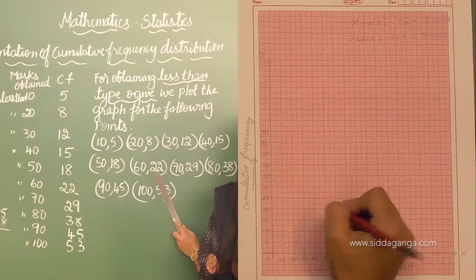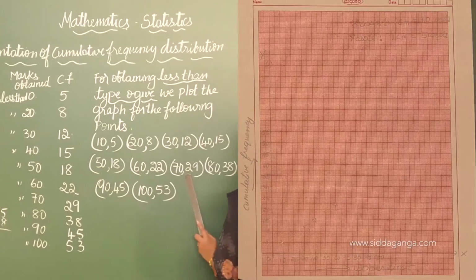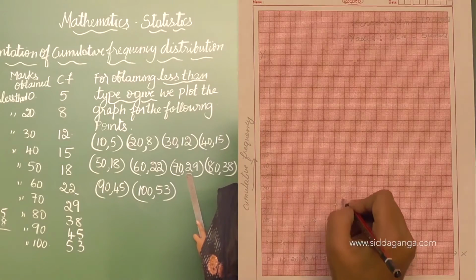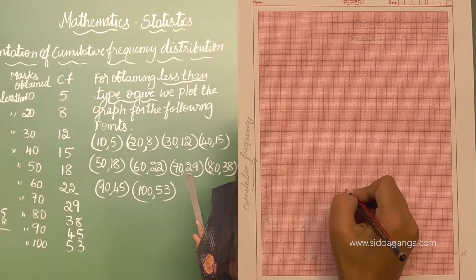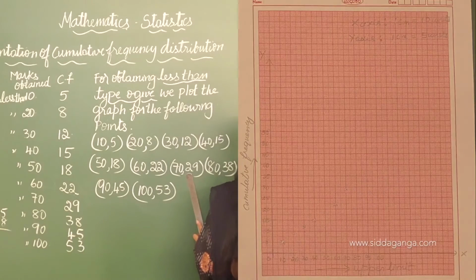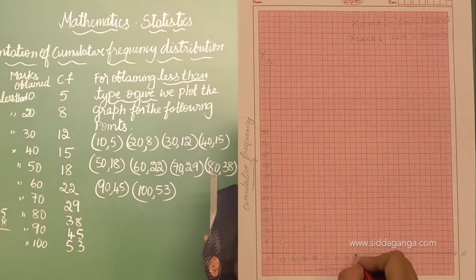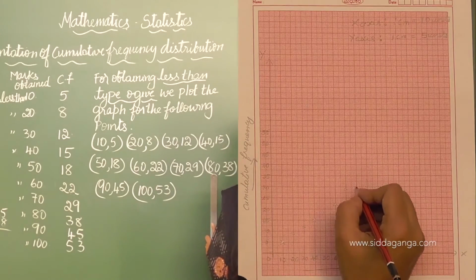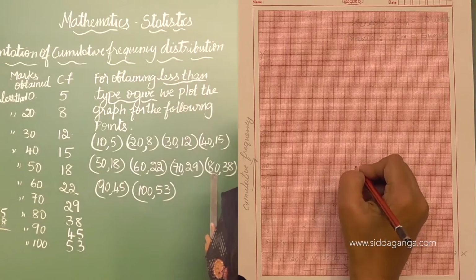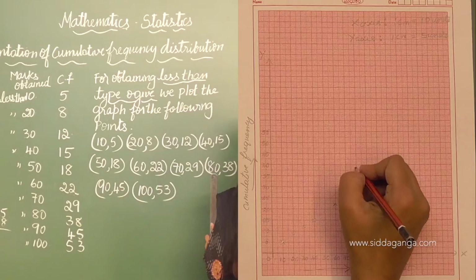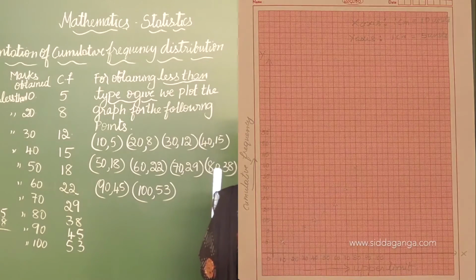Please note this. Next, for 70 it is 29. So here 25, and this is 29, 2 divisions below that you have 29. Next, for 80 it is 38, means this is 35, 4 divisions below 40. 2 divisions below it is 39, another 2 divisions below it will be 38.